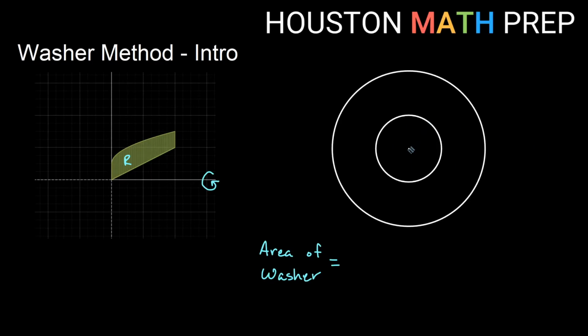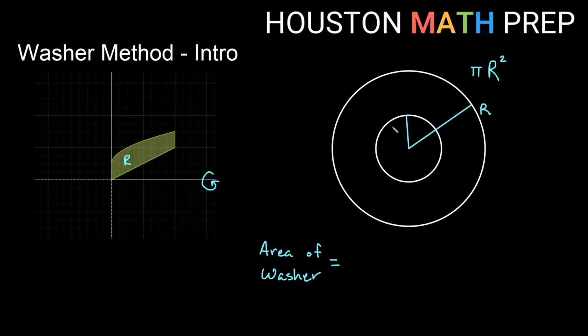So if you imagine the area of the big circle, formula for the area of a circle would be pi r squared, right? So I'm going to say the area of the big circle is pi r squared, and I'm going to use a capital R so that you know that this is the bigger circle. And then we look at subtracting out the area of the smaller circle.